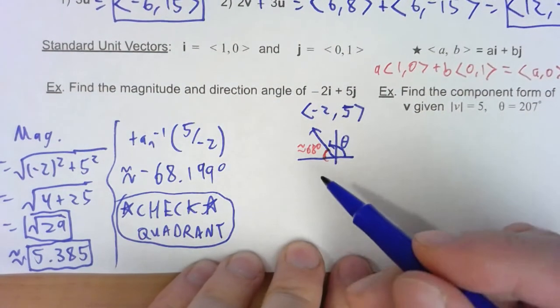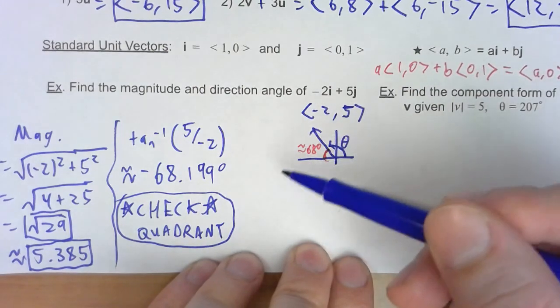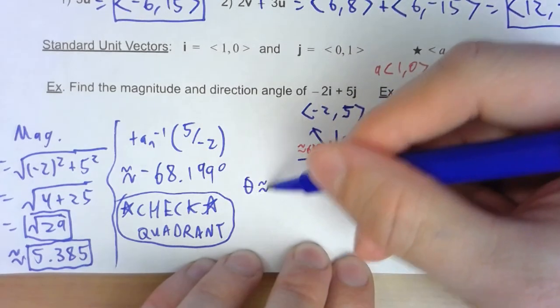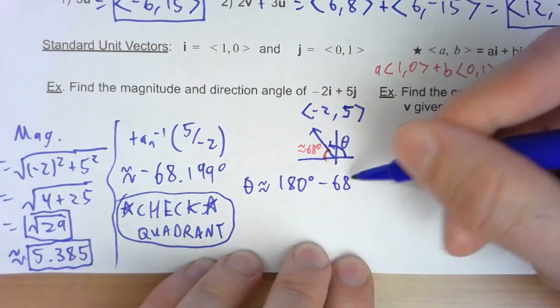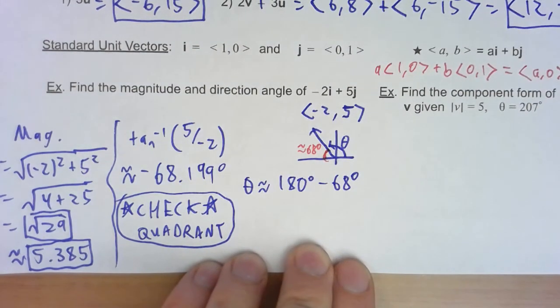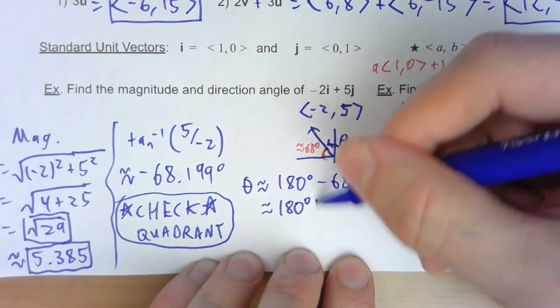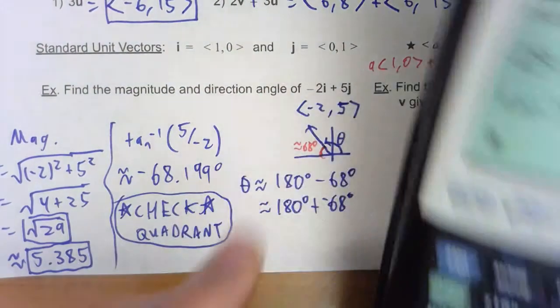So to find this theta, we have to start at 180 and then go backwards about 68 degrees. Theta is going to be about 180 minus that 68 degree reference angle. Of course, on my calculator, I've got it as negative, so I want 180 plus that negative 68 degrees.